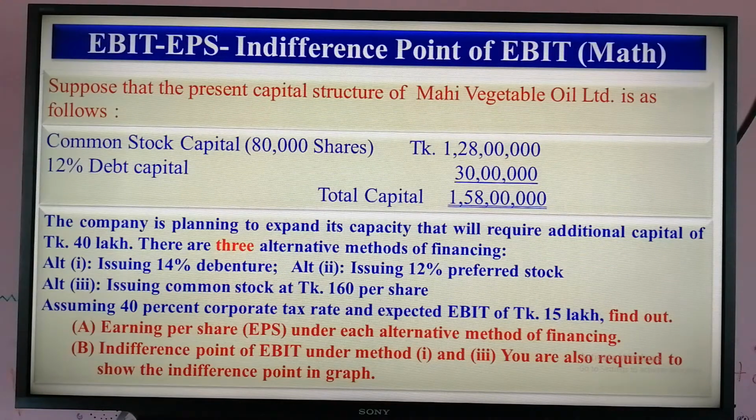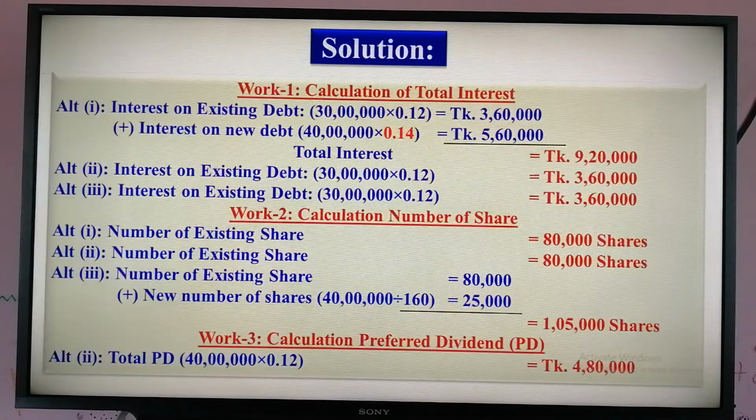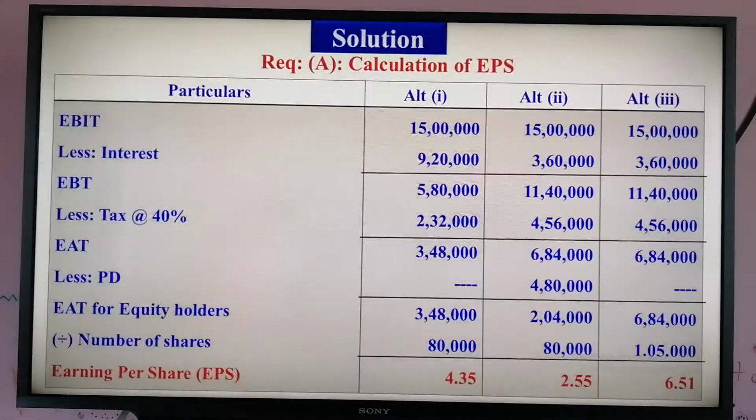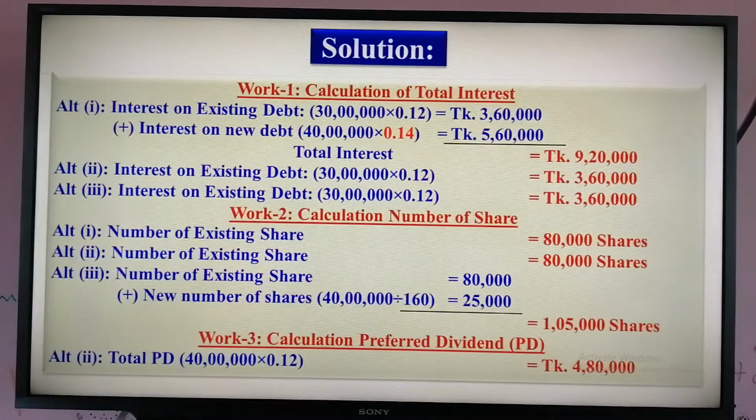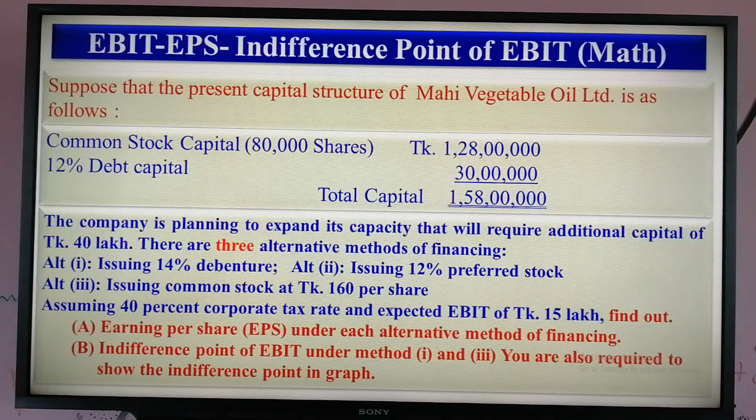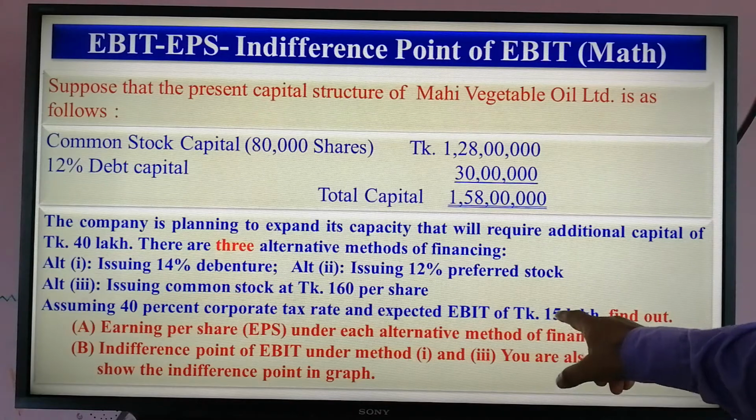Only alternative 2 issues 12% preferred stock. So we are now in a position to calculate EPS taking information from this slide. Look, this is the way to find the EPS. First, in the question, EBIT was given as Taka 15 lakh.